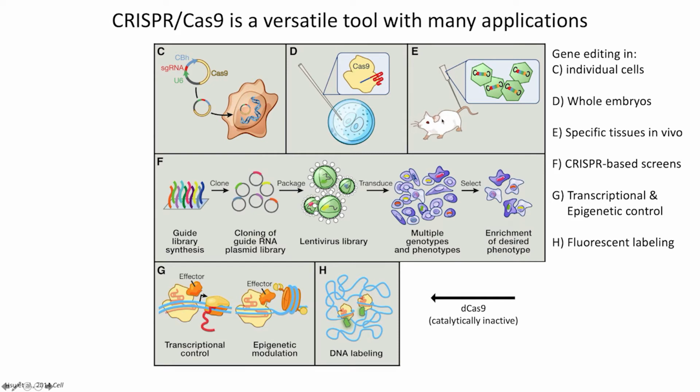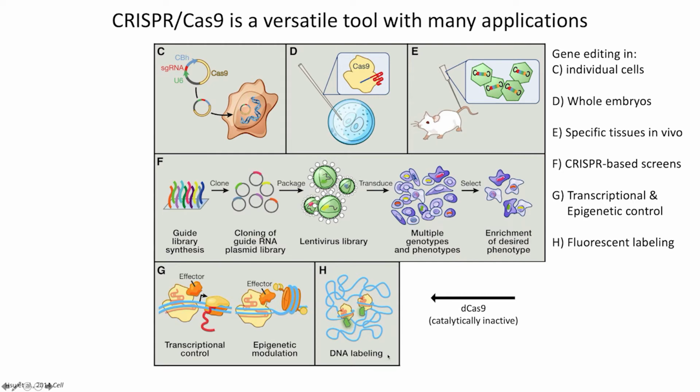Alternatively, we can produce packets of CRISPR-Cas9 containing virus to infect adult organisms and target specific cell types or organs. In other research, we can create a whole library of CRISPR-Cas9 complexes to knock out thousands of genes, one per cell. This produces multiple genotypes and phenotypes, which we can then isolate and characterize based on our research interests.